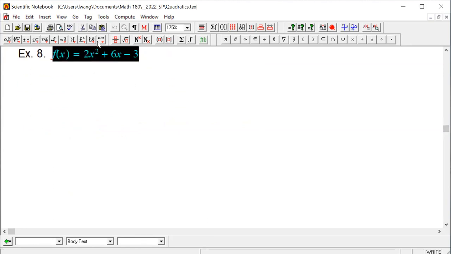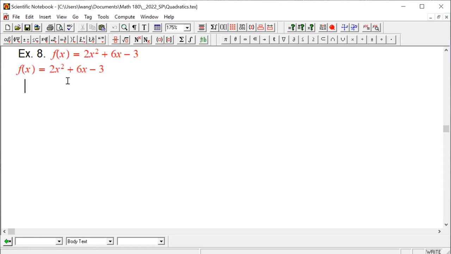Well, the technique is very similar to the previous example. So what we do is focus on these two terms. I'm going to factor out the 2. So we get x squared plus 3x, and there's a minus 3 outside. We just maintain the equal sign.